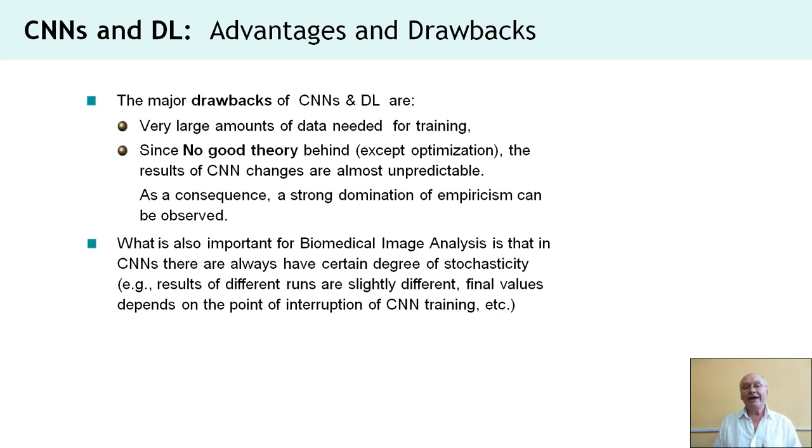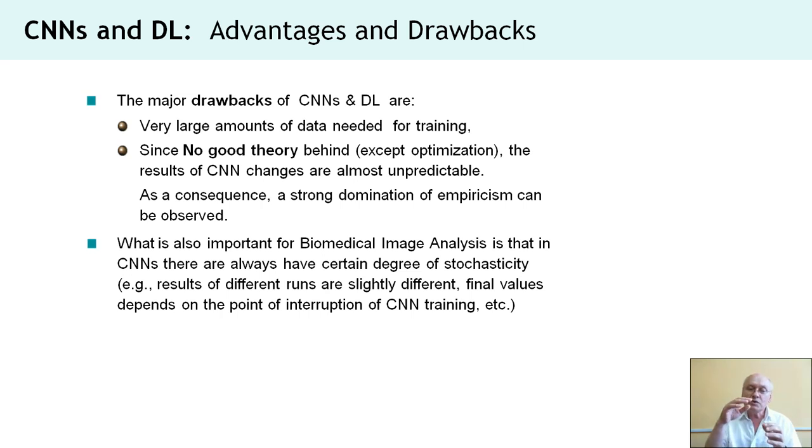The next drawback, which is sensitive for biomedical image analysis, is a certain degree of stochasticity, which is always paired with this approach. Even if you start running training with exactly the same training set, you will end up with a slightly different result, because this is a stochastic process, and there is nothing predefined.